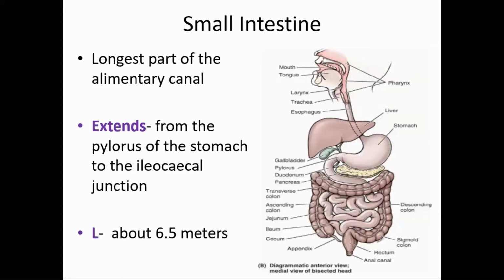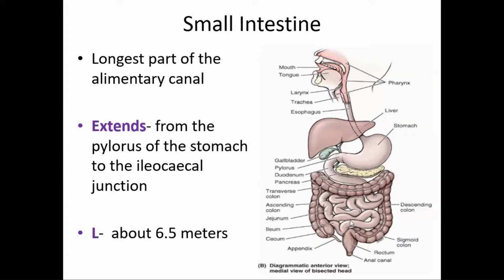These circular mucosal folds are also called plicae circularis or valves of Kerckring. These are permanent mucosal folds.